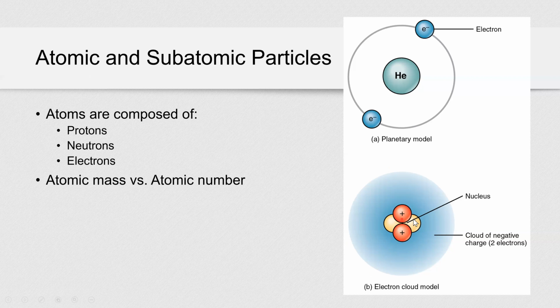So obviously the nucleus is very small compared with this cloud of electrons that is moving around the nucleus, right?